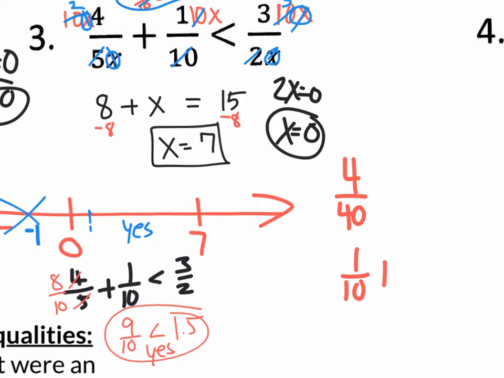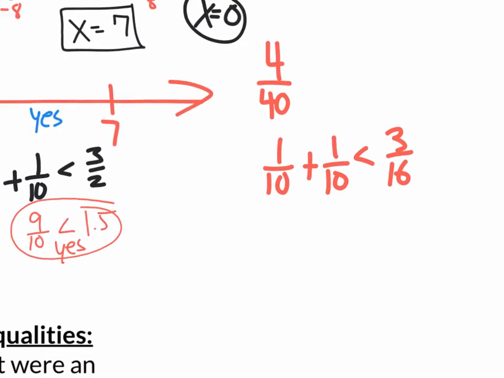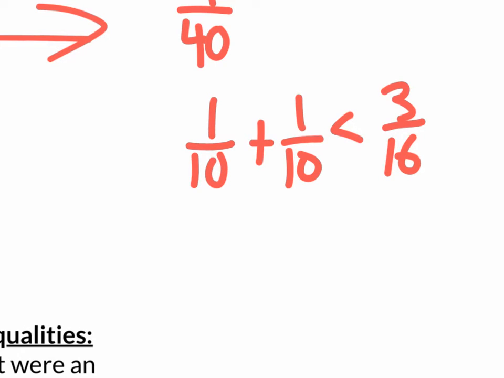And then we have plus this second fraction, which is 1/10. And it is less than 3 over 2 times x, but we're plugging in 8, so it's going to be 3 over 2 times 8, which ends up being 3 over 16. Are you with me?